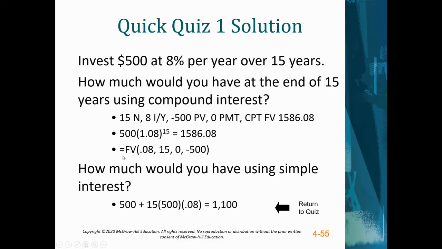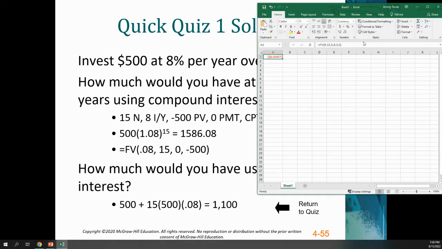We can do this in Excel, basically with this formula here. Let's go ahead and do that. That equals FV, future value. The rate is 8%, and again, in Excel you have to do it in decimals, so 0.08. 15 is the number of periods. 0 is the payment, or what you get each period.